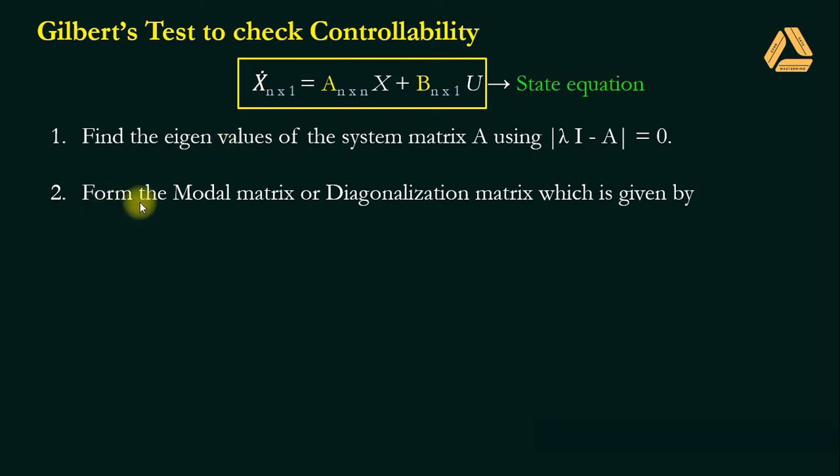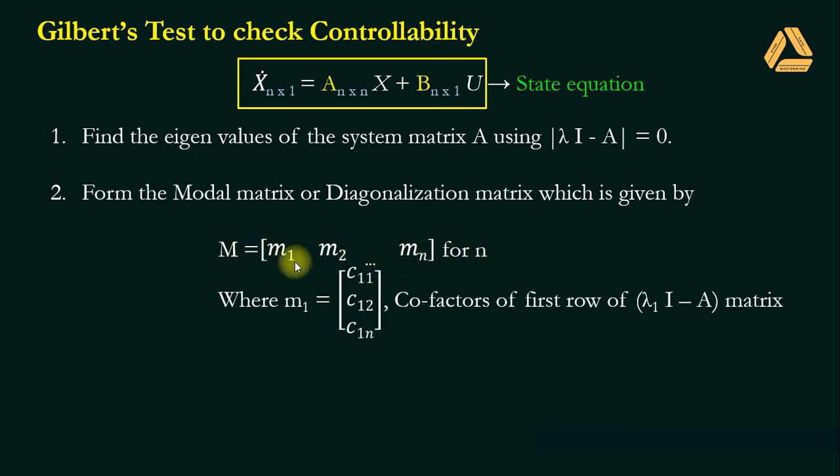The second step is to form the model matrix, or diagonalization matrix. The model matrix is used to diagonalize a given matrix. M is given by M1, M2, up to Mn, where M1 is the vector of cofactors of the first row of the lambda 1 I minus A matrix.